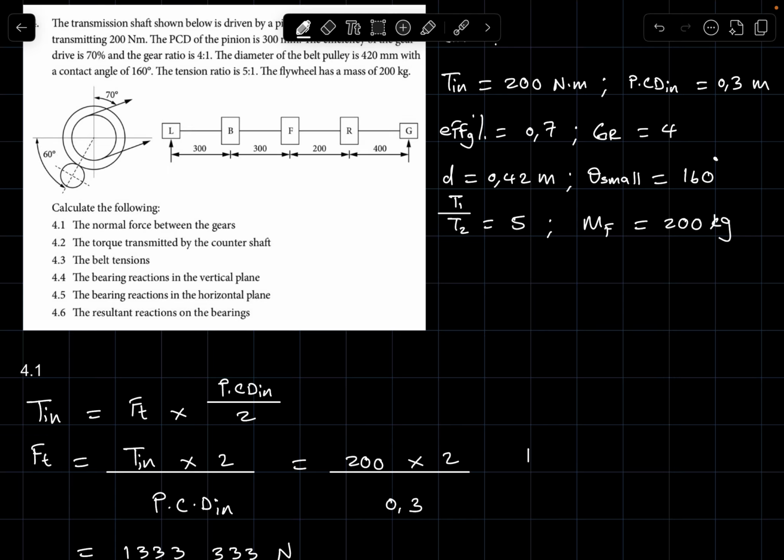Because remember, the input torque, seeing that the input shaft is fitted on the pinion, we've already calculated. In fact, it was given to us.